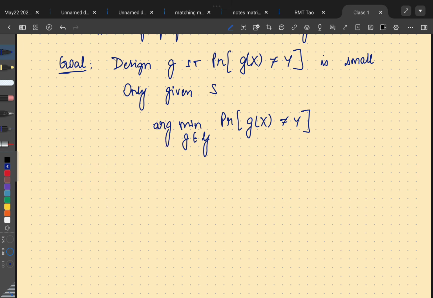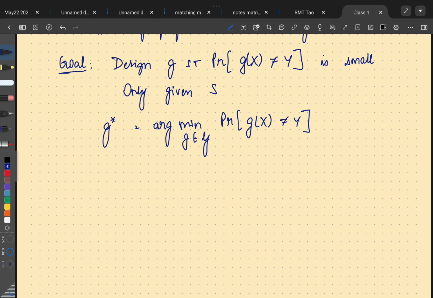And let's assume that the one that achieves the minimum probability of error or probability of misclassification, let's call it G star. So hopefully we should be able to design an algorithm given these samples where the output of this algorithm should hopefully be G star or something that performs almost as well as G star. That's the goal.